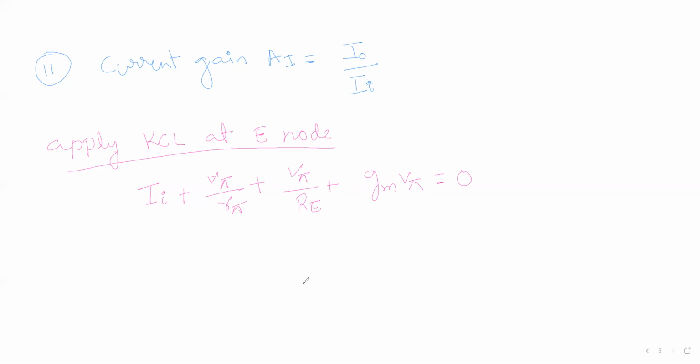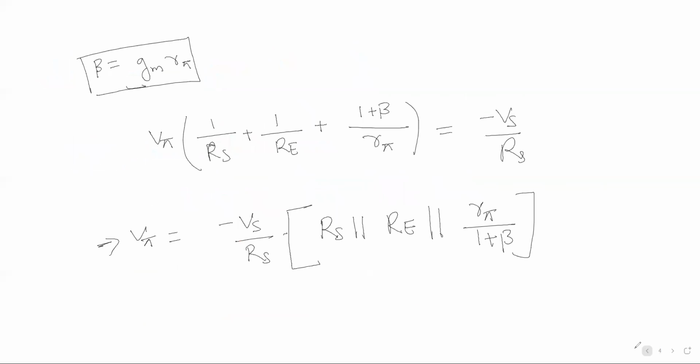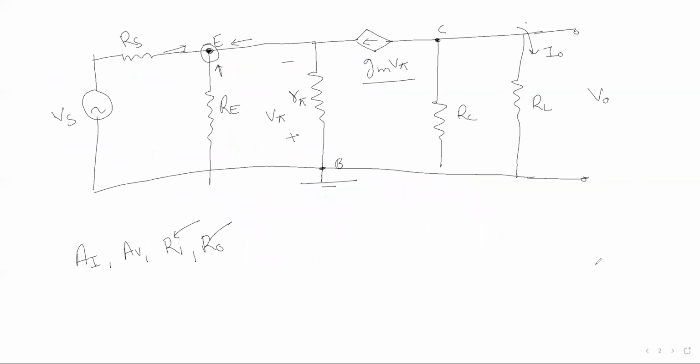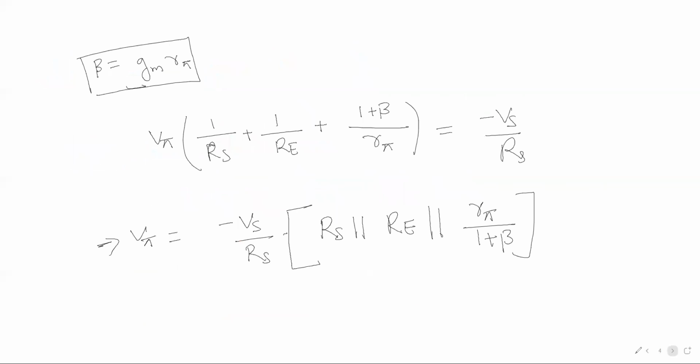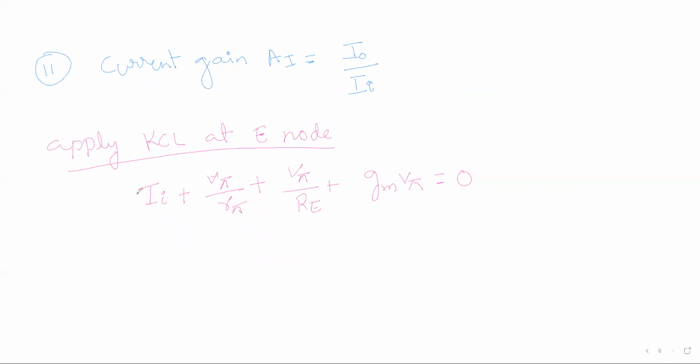How? We are applying KCL at this node. This is your current Ii and this is your current I. One current is coming through there, this current is coming here, and this current is also coming here. Got this point? So this would be the equation for this.